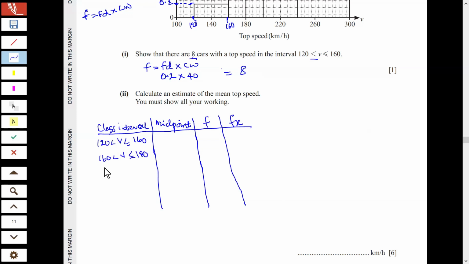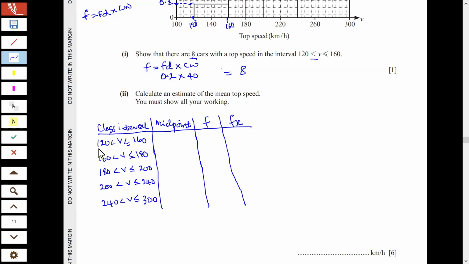Then we have 180 less than V, less than or equal to 200. And we've got 200 less than V, less than or equal to 240. And we've got 240 less than V, less than or equal to 300.